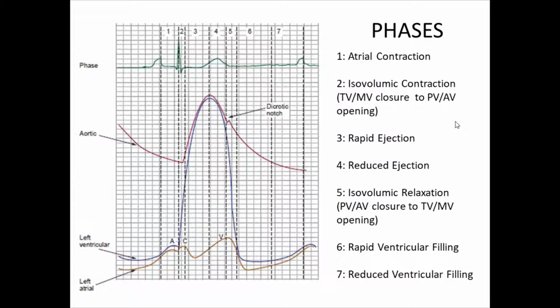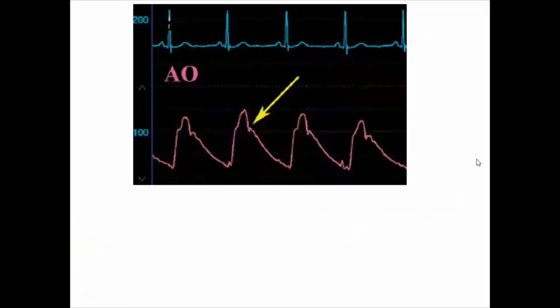So before systole, we have isovolumetric contraction, and before diastole, we have isovolumetric relaxation. Starting with the aorta, this is the hemodynamic tracing of the aorta, and the arrow here is pointing to the dicrotic notch coinciding with the closure of the aortic valve.